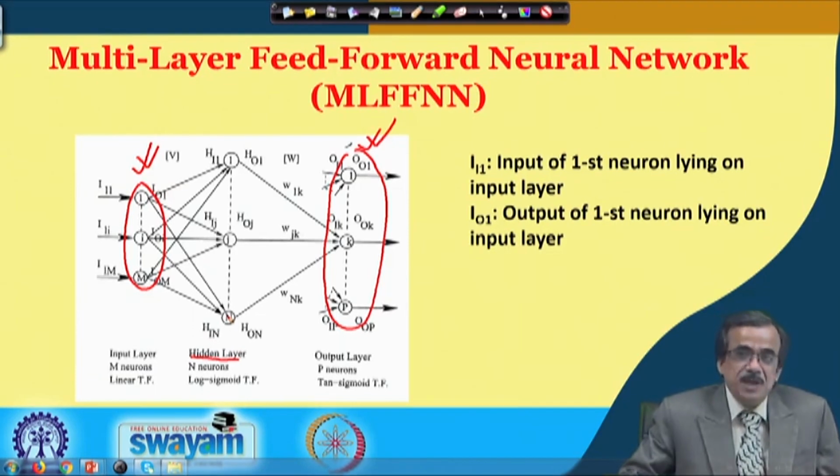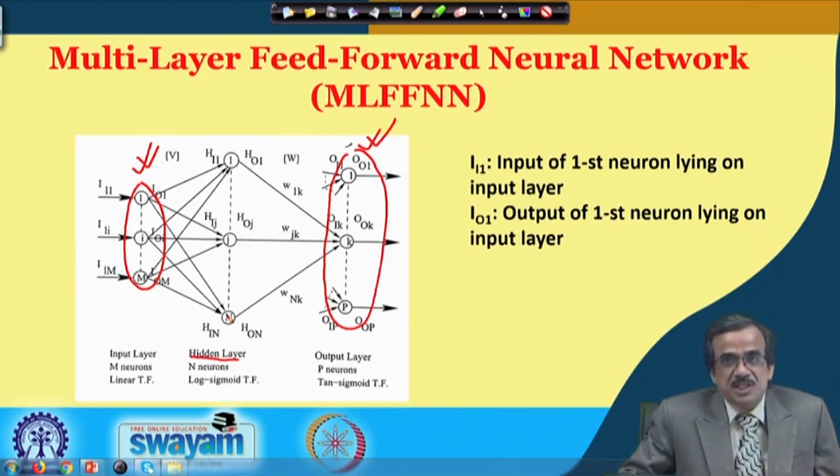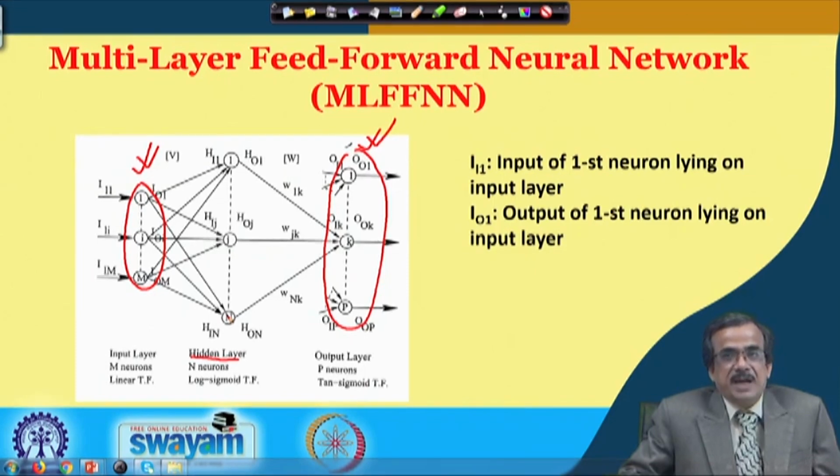That means, if I use say one hidden layer for modeling an input-output process, and using the same training set, if I develop another network having say two hidden layers, we cannot give a guarantee that it is going to give more accurate predictions.